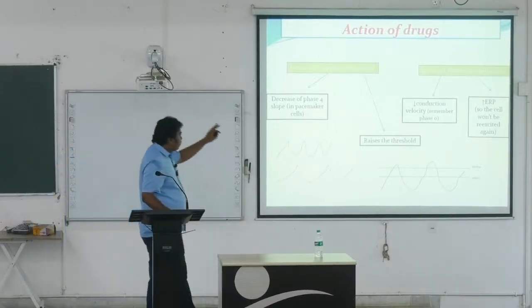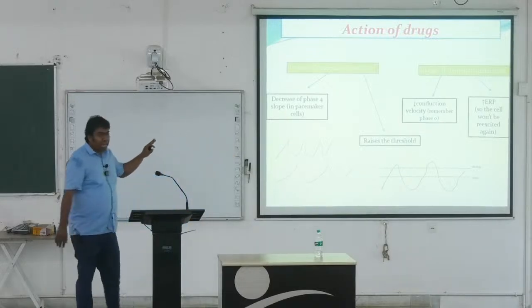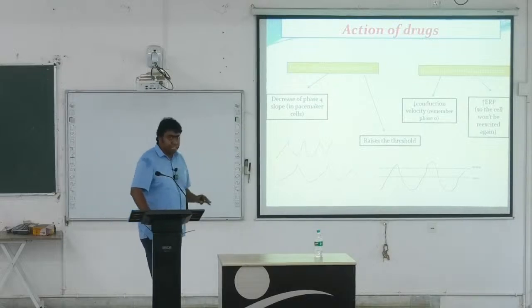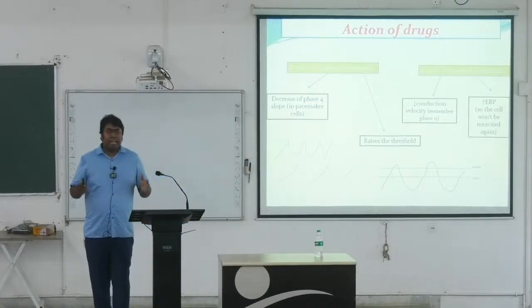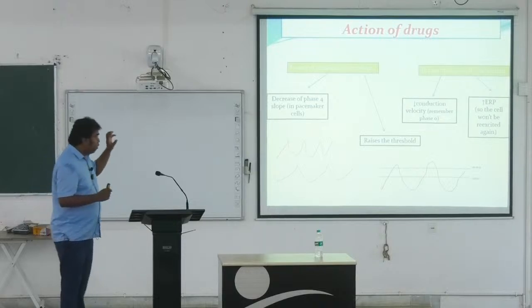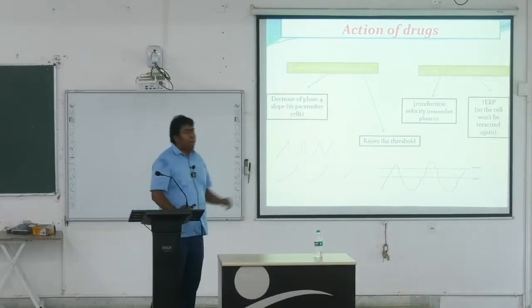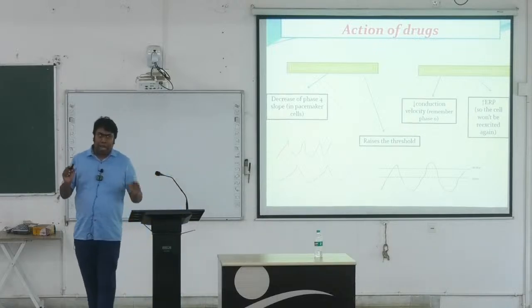In case of abnormal generation, there are two pathologies that can be counteracted. In case of abnormal conduction, reduce the velocity by an effect on phase 0, and increase the effective refractory period. These two are more effective to control arrhythmia due to abnormal conduction. Clear so far? Why does arrhythmia occur?